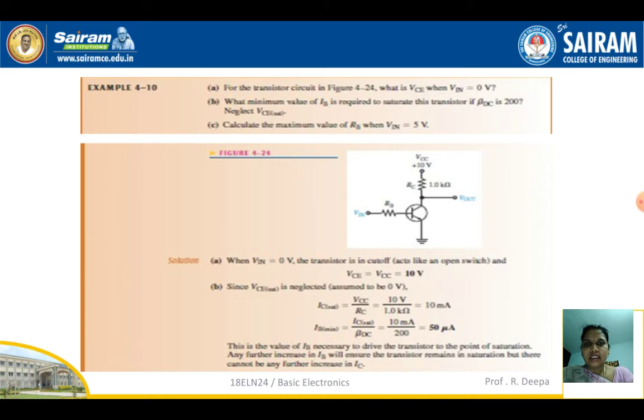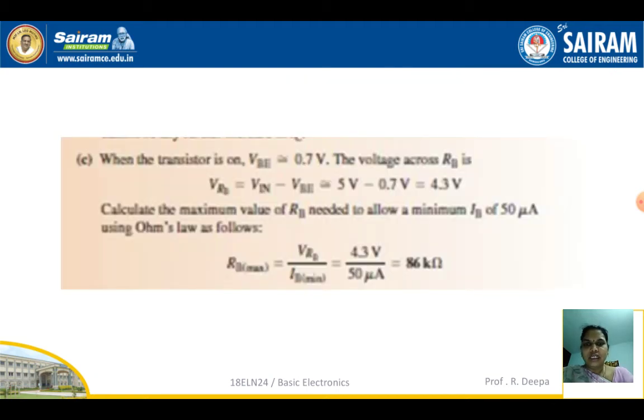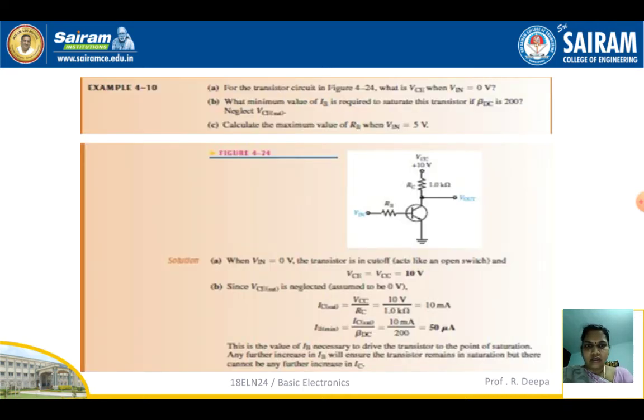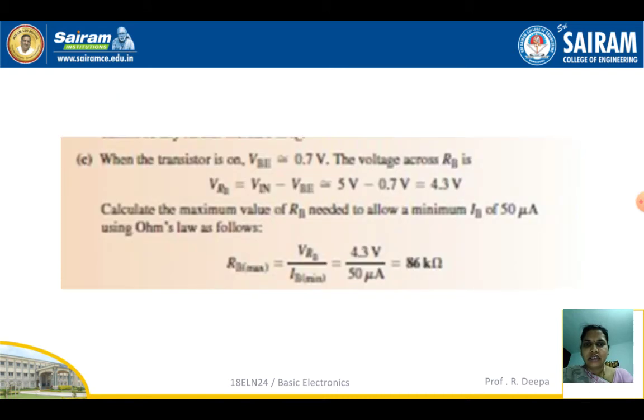So next is C part, to calculate the minimum value of RB, where the Vin is equal to 5 volt. When the input voltage of 5 volt is given, obviously the base emitter junction will be under forward bias. So if it is forward bias, we can say the base emitter junction voltage will be equal to 0.7 volt, which is the cut-in voltage of the transistor.